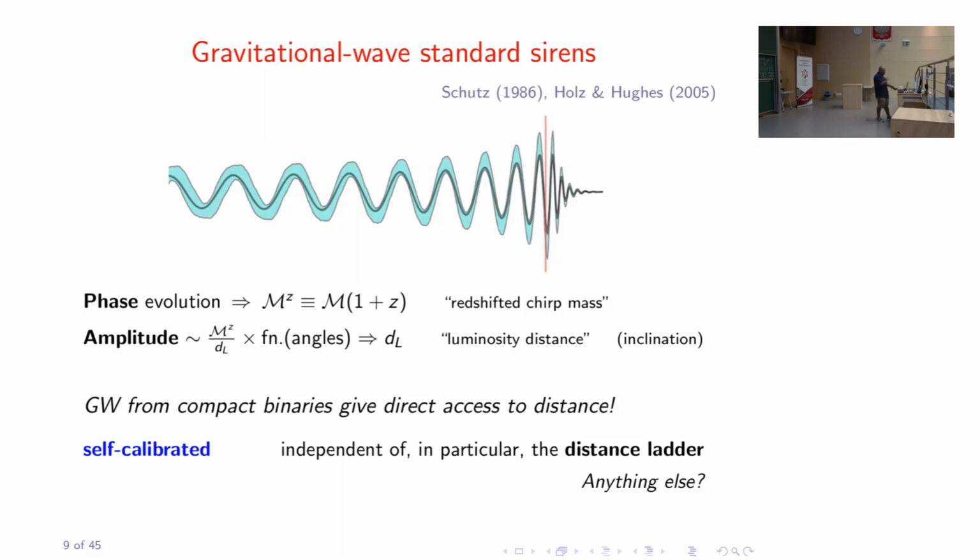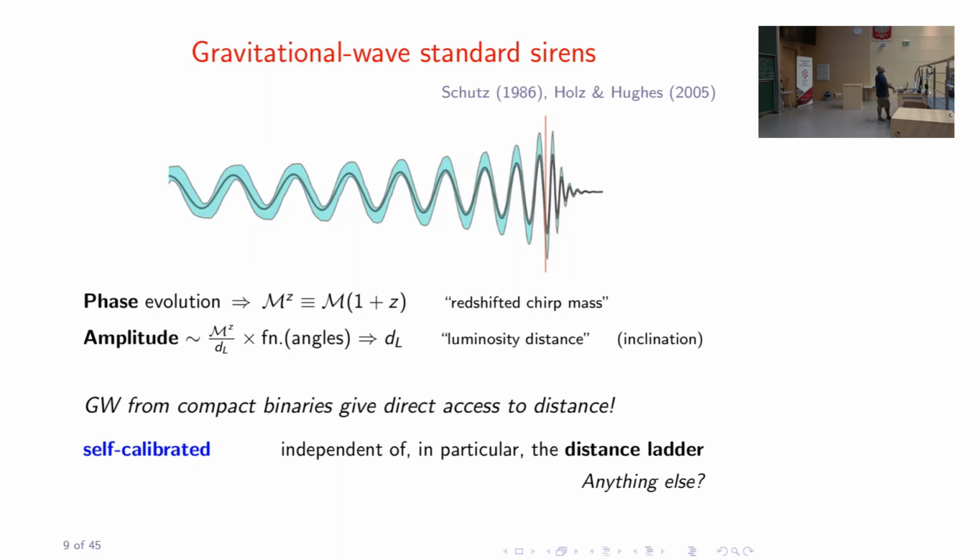Here, instead of using any kind of distance ladder, you get the distance directly, which is kind of fantastic. Because of this, they are standard distance indicators, and they are called standard sirens. The analogy that gravitational waves are like sound as opposed to light is already there, so instead of standard candles, we call these sources standard sirens.